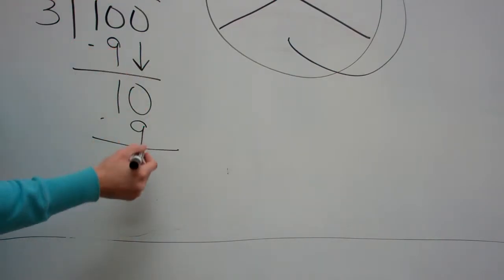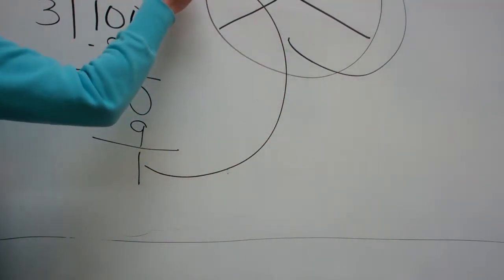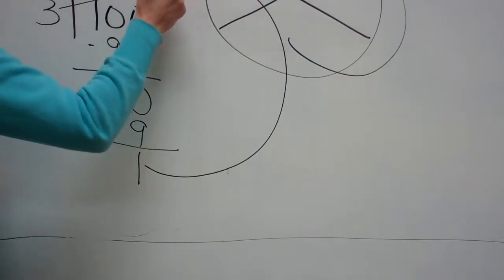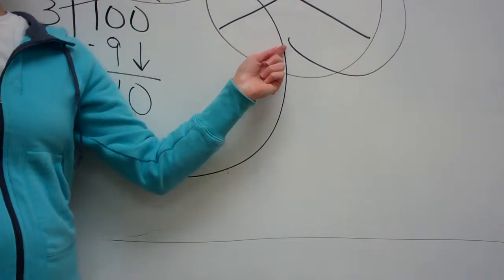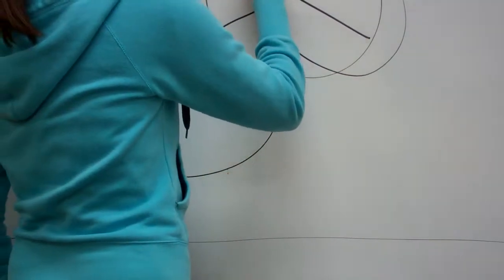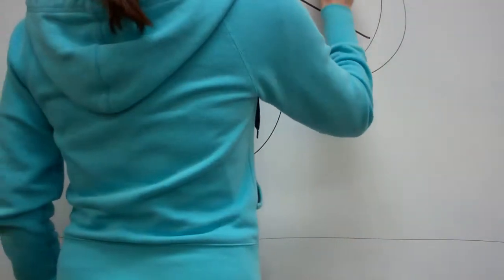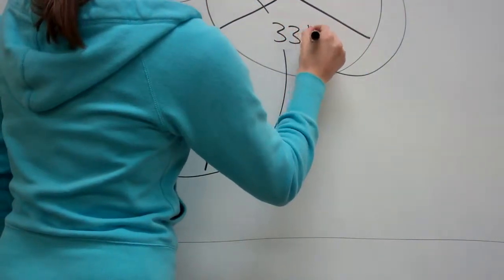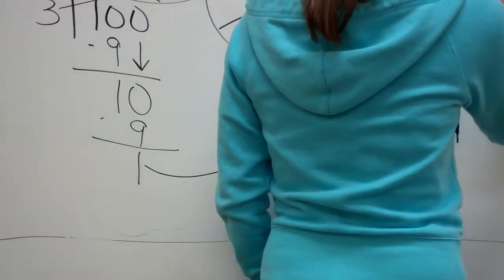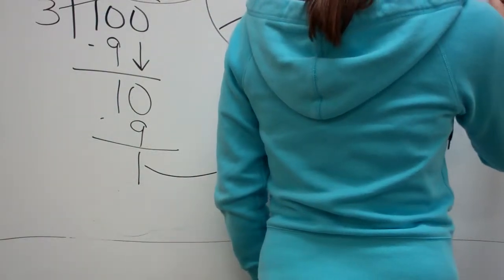Then 1/3. We're going to bring it up here. So, what percent is each section? 33 and 1/3. Now watch what happens when I add those.